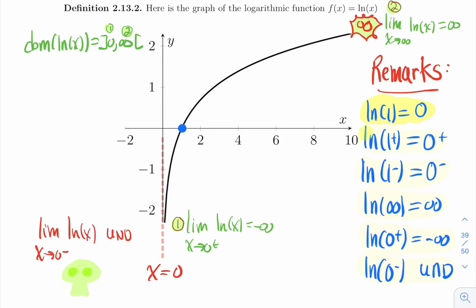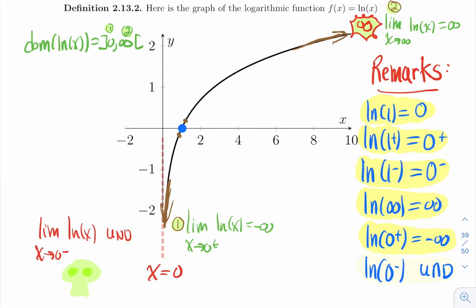If you pick an input slightly bigger than 1, you're going to get an output slightly bigger than 0. So ln of 1 plus is 0 plus. If you pick an input slightly smaller than 1, ln of 1 minus is 0 minus. Ln of infinity: since the limit goes to infinity, we can write directly that it's infinite. Ln of 0 plus is minus infinity, again using the graph.